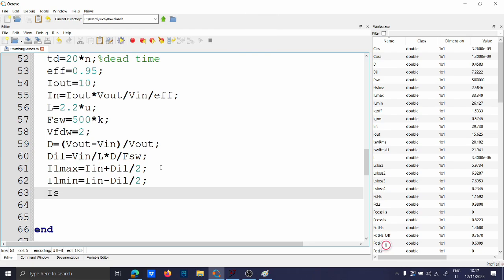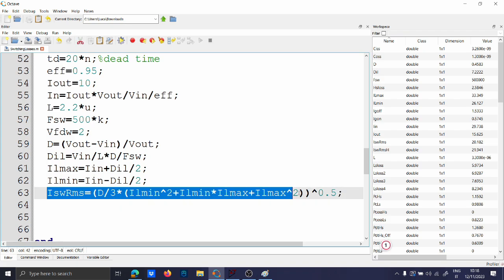I switch RMS is equal to D over 3 times IL min to the square plus IL min times IL max plus IL max to the square. This is a square root, so you have to elevate to the 0.5.